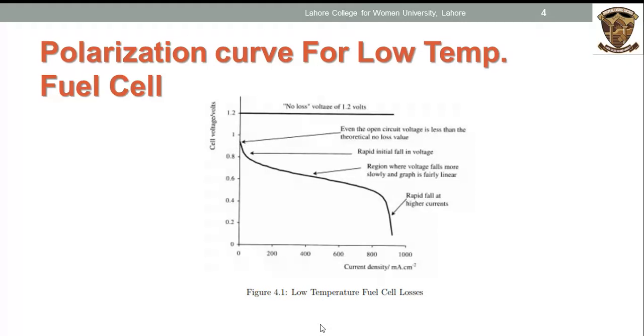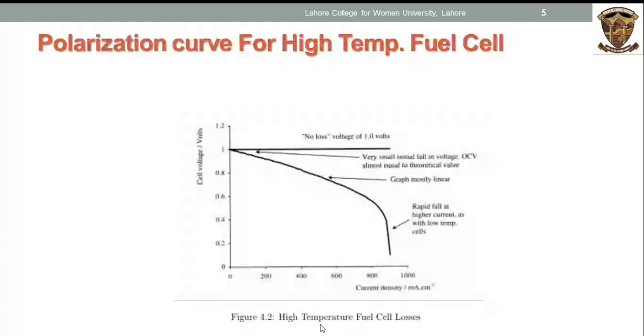This is for the low temperature fuel cell, as well as this slope shows the region for ohmic losses. The graph is mostly linear, and this graph is for the high temperature fuel cell. So for both low temperature and high temperature fuel cells, this is the major loss that is occurring, due to these ohmic losses.